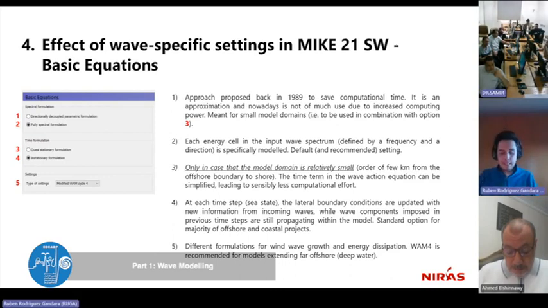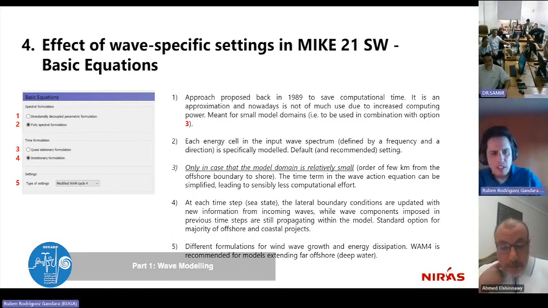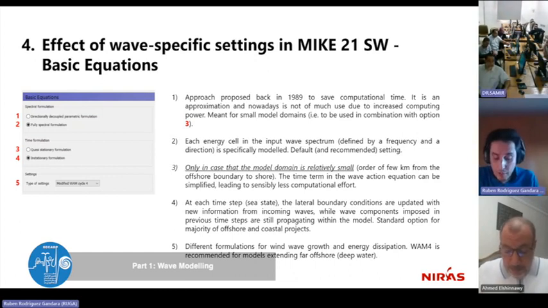And why is this? Think that you are imposing a time series of sea states every hour at the boundary, and you have a very, very little model that covers, let's say, 3 square kilometers, extremely small. So what happens? You impose your first time step as boundary conditions, and then those waves travel from the boundary to the coast.